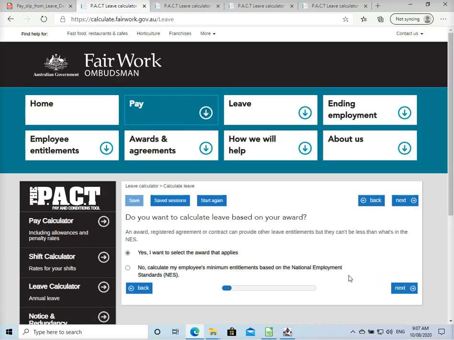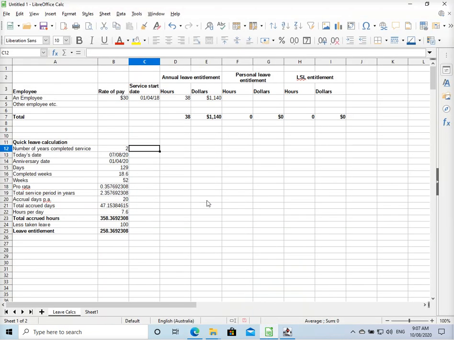You can step through the process and calculate the annual leave. I actually found it's producing a slightly different result to what I'm calculating, a very small difference actually. And I actually think my calculation is more correct, so I will step you through that first.